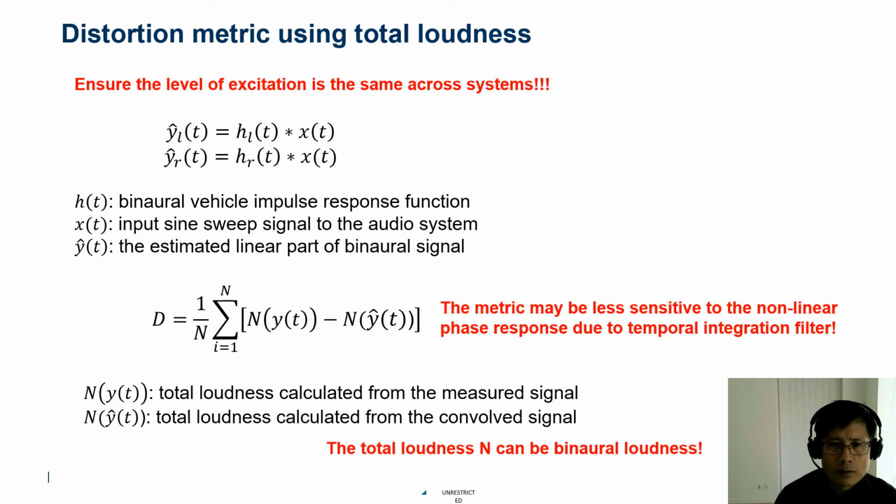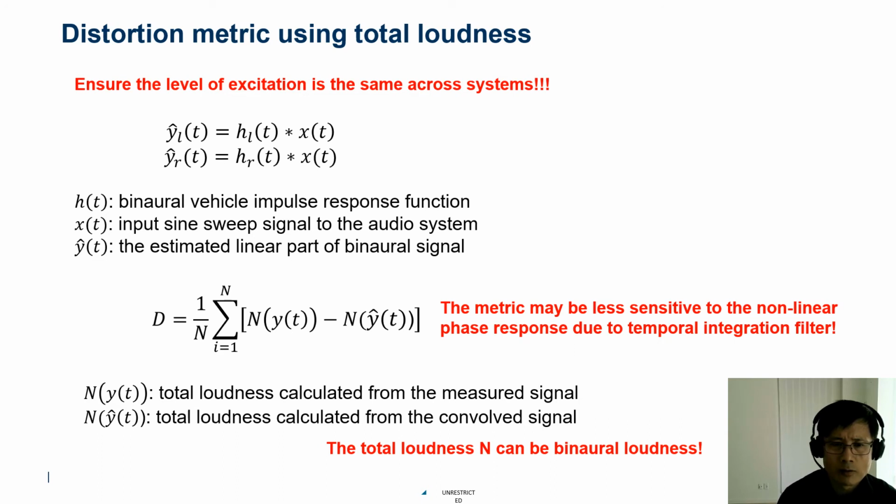So the idea is first we calculate HL and HR, which are the impulse response functions to the left ear and then the right ear, then combine that with the input signal x(t). Then we can get the linear response of the left ear and right ear signals. h(t) is called the binaural vehicle impulse response function.